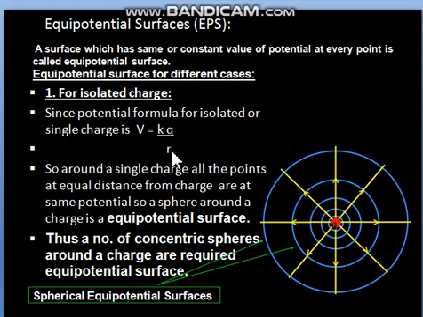So if we take same distance points from the charge, that means point 1, 2, 3, 4, a number of such points, and if we join all those points to find the locus, finally we will see that a sphere is formed. So equipotential surface for a charge is a sphere.